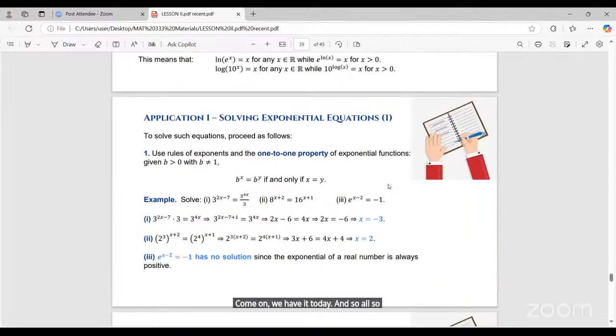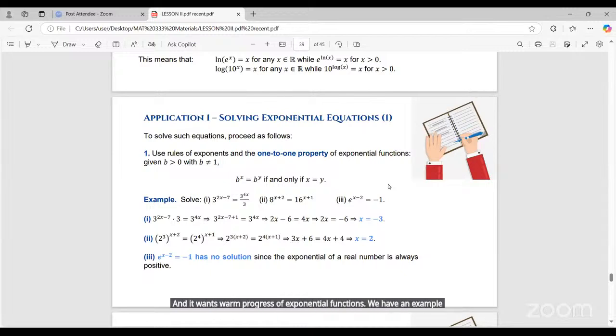We have some rules which we can use to solve all these logarithm equations. And these rules use rules of exponents and the one-to-one property of exponential functions. We have an example there.